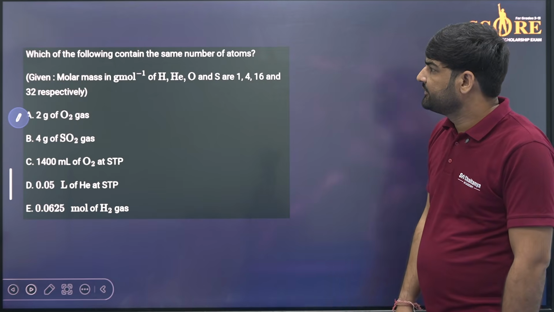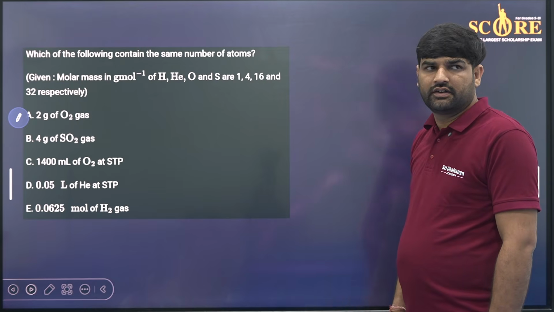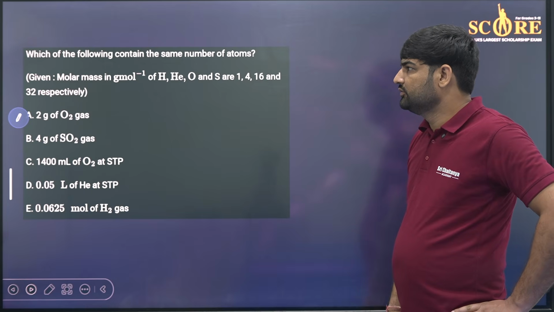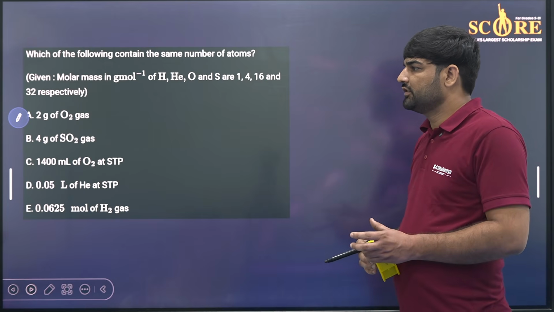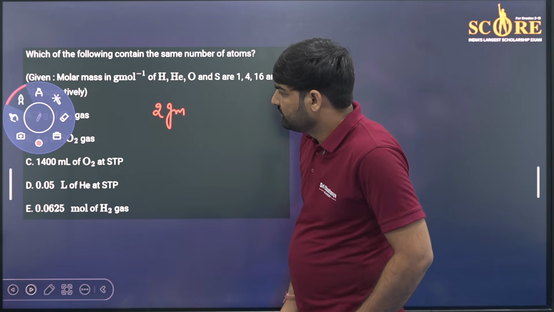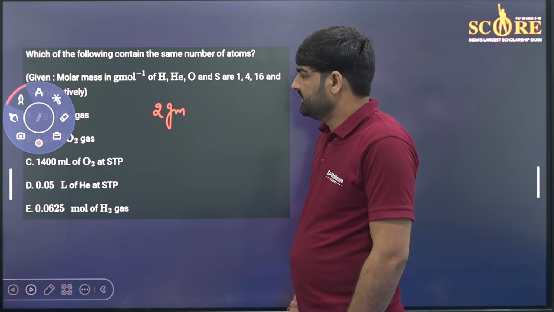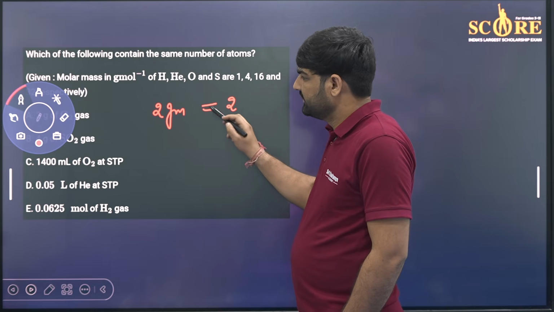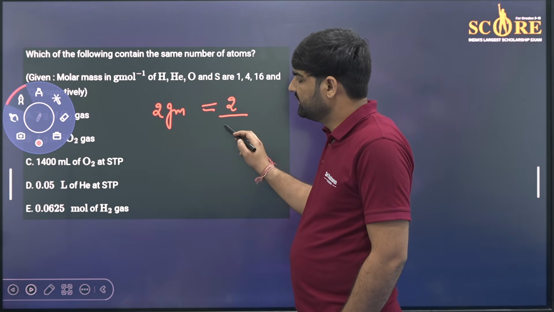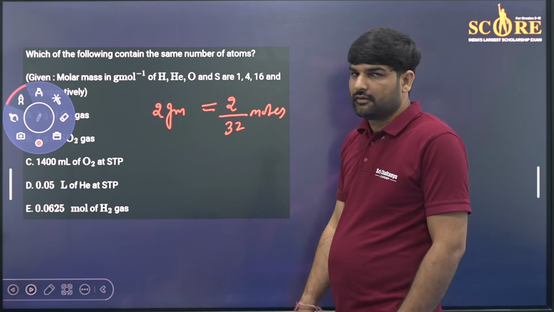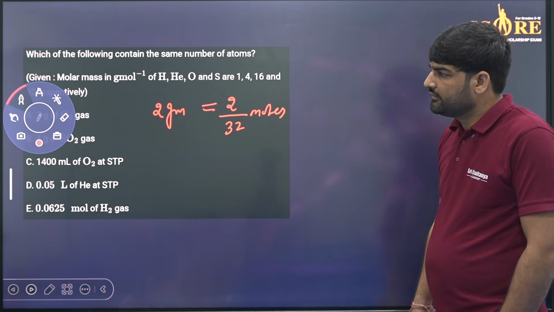Another question is, which of the following contains same number of atoms? So we have to calculate number of atoms. First is 2 gram oxygen gas, O2 gas. So 2, this is mass, and this is moles of oxygen. What we did?